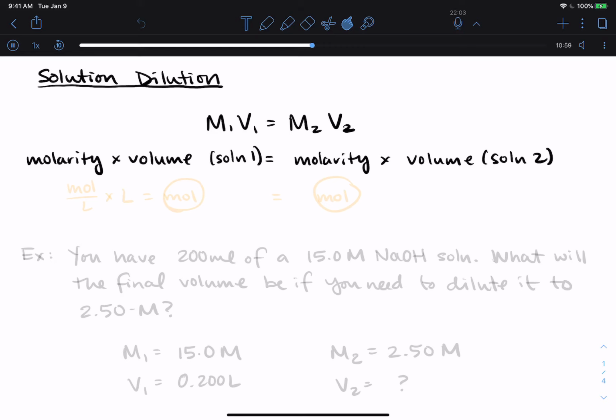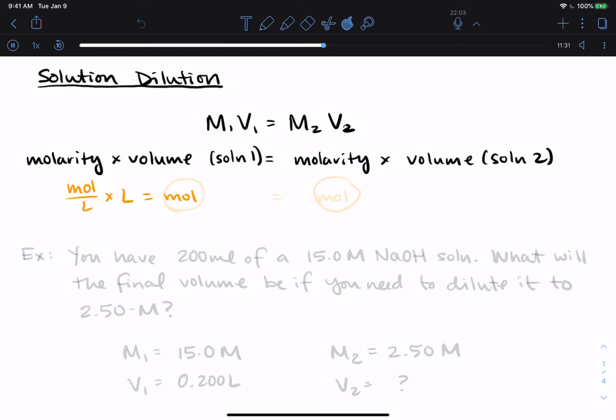So this might seem a little bit odd. I don't know if this will seem odd to you or not, but when you look at it as an equation, I guess you maybe assume that the person who made it up knows what they're doing. But just so that you can explicitly see what's underneath here, the reason that these are equal is if you do molarity, which is moles per liter, times the volume in liters, you get moles.